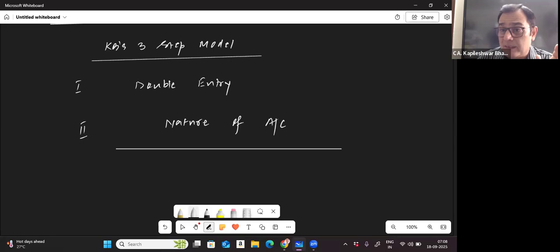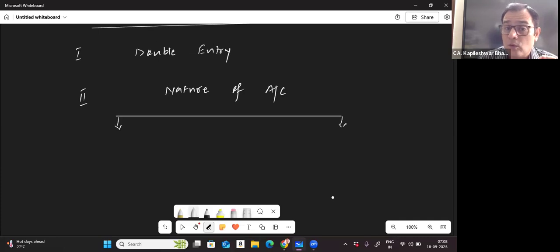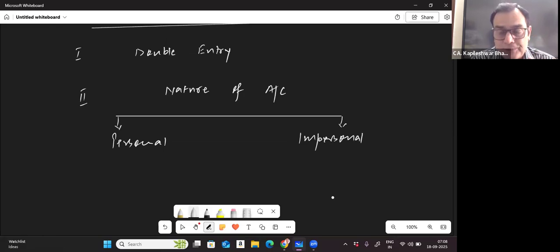The person who made the traditional technique decided that there are two types of accounts. One is called a personal account and the other is called an impersonal account.